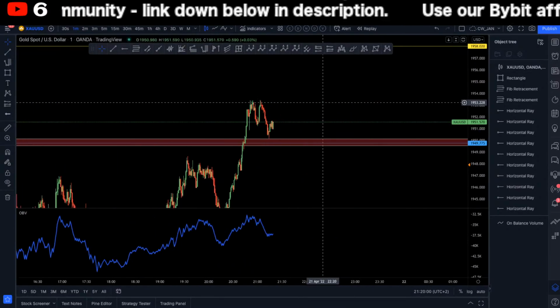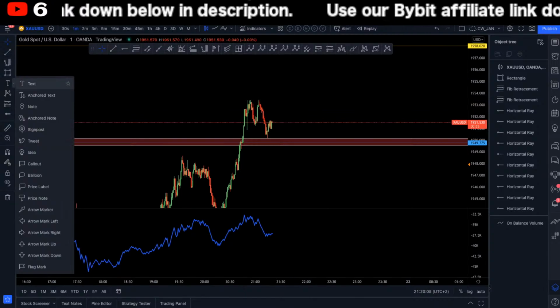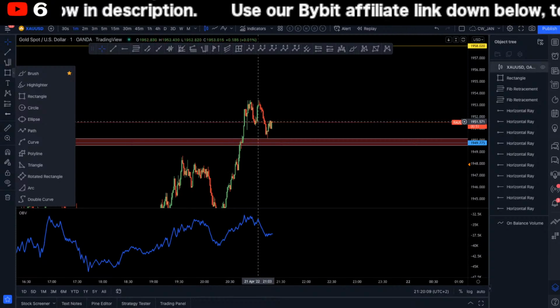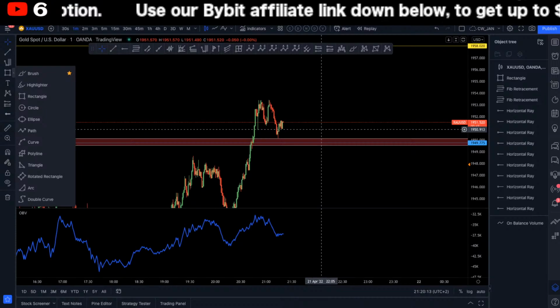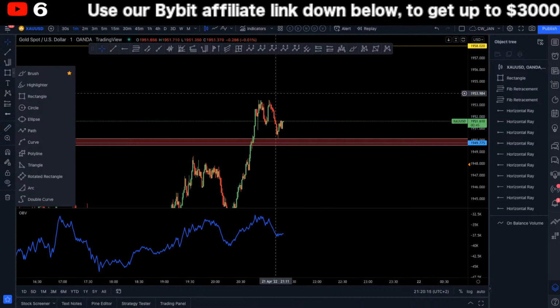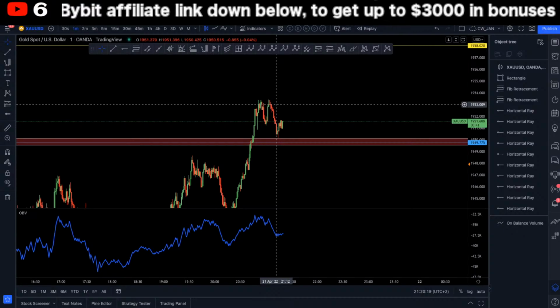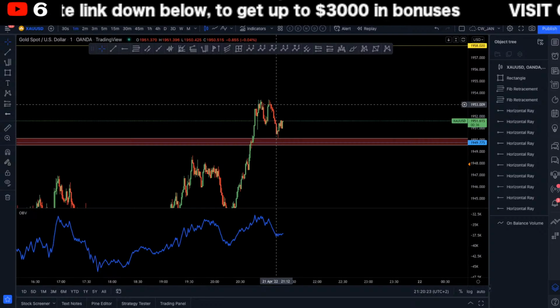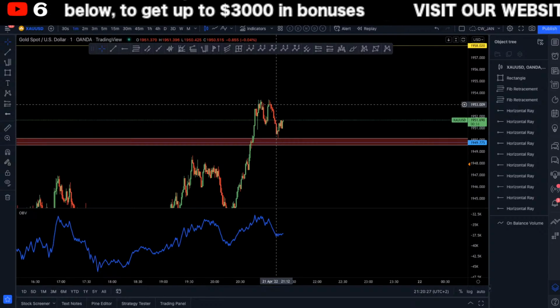But I'm just thinking if I should enter right now or wait for a daily retest, because gold is really fun to trade. There are really small moves, but if you use the same lot size as you use on BTC, for example, you can make a lot of percentages of your account, or you can lose a lot of percentages. So I'm being a little bit more aggressive on the gold, and it's just fun to trade.